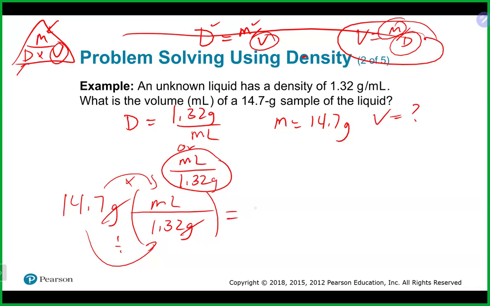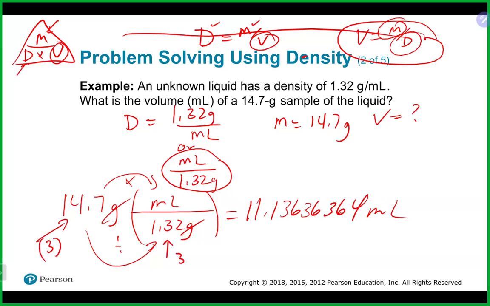By the way, on my calculator I got a lot of numbers there: 11.13636364 milliliters. In terms of significant figures, we have to look at all the numbers here. This one has 3, this one has 3, which means we should end up with 3 here, at 11.1 milliliters.